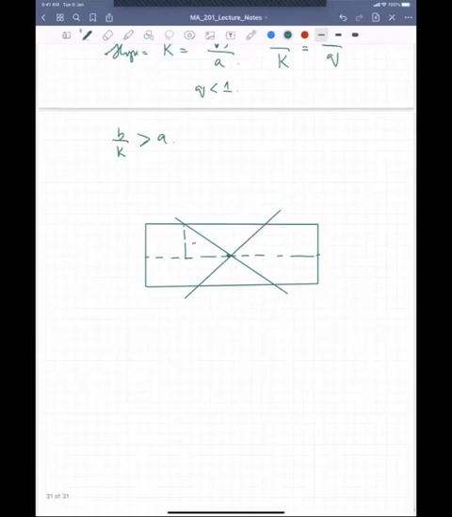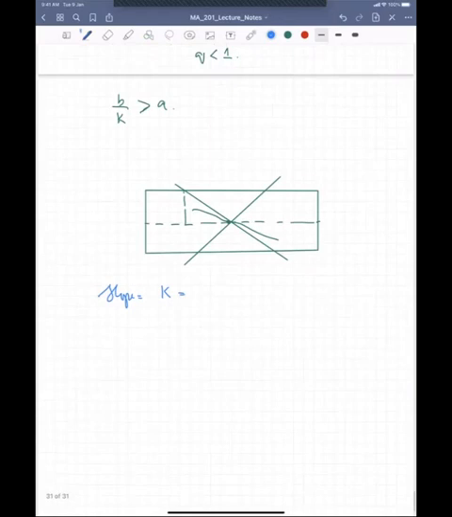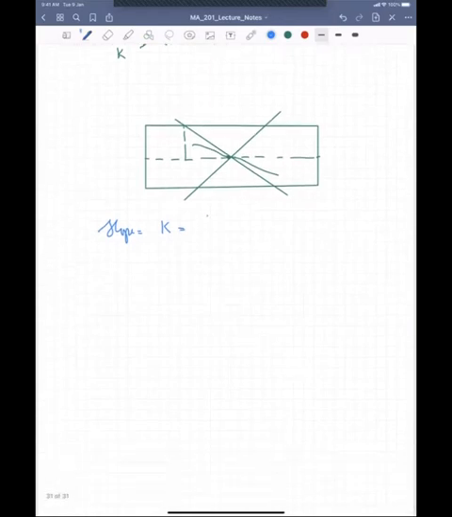Again, there is a solution curve that passes through this point, and the slope, which again I take to be k, equals the y-distance over the x-distance. The y distance is of course the entire distance b, but the x distance is smaller than a. So I'll choose a times q, where q is some number smaller than 1. Now in this case, b over k is a times q, which is smaller than a.